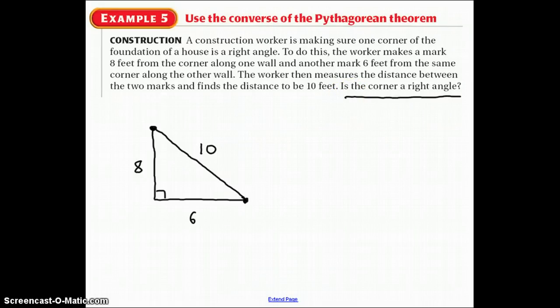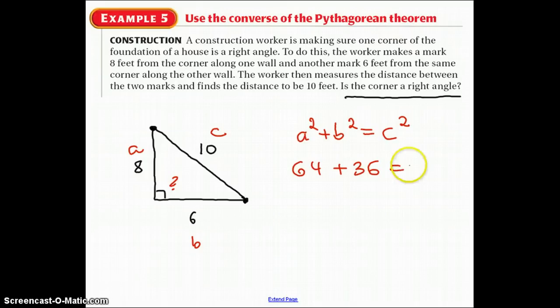So it would be a right angle if we have a right triangle. And to check whether we have a right triangle, we have to check whether the Pythagorean theorem is going to hold true. So the first thing we need to do is label A, B, and C. C is the longest side, so this would be C, this would be A, and this would be B. So we want to check whether A squared plus B squared is actually equal to C squared. So I get 64 plus 36 is equal to 100.